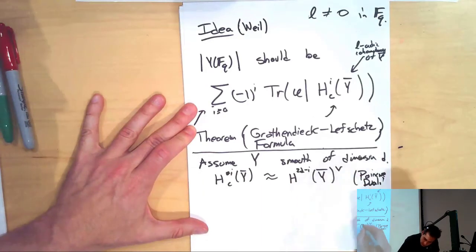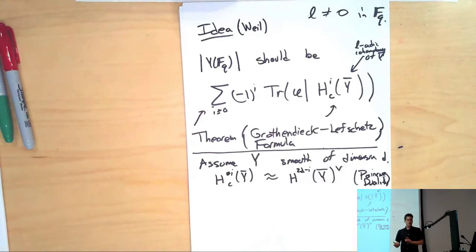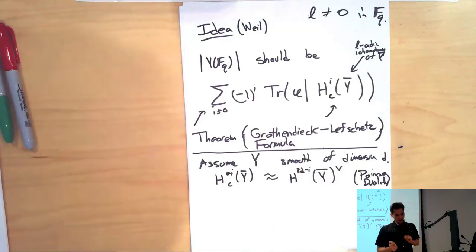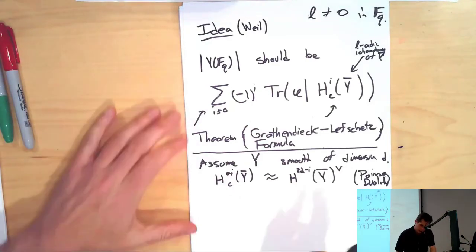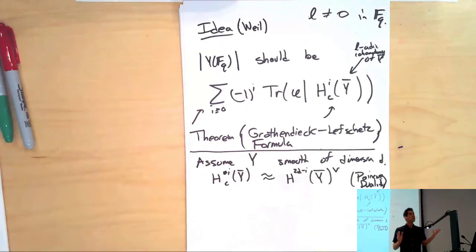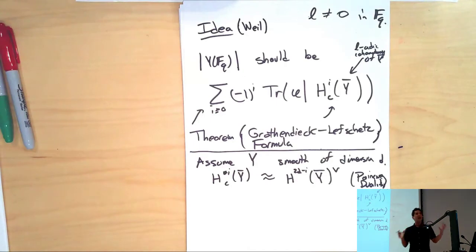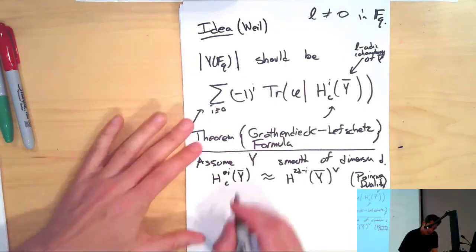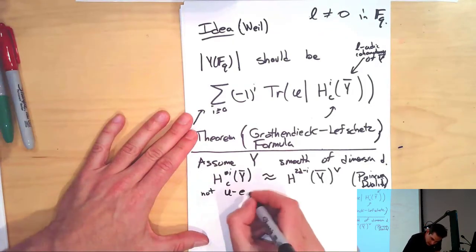And let me warn you, I just said the word canonical, but that's a little bit wrong because it actually depends on something that plays the role of an orientation of Y bar, and that choice of orientation cannot be made in a Frobenius equivariant way. So this isomorphism, I should say, is not phi equivariant.